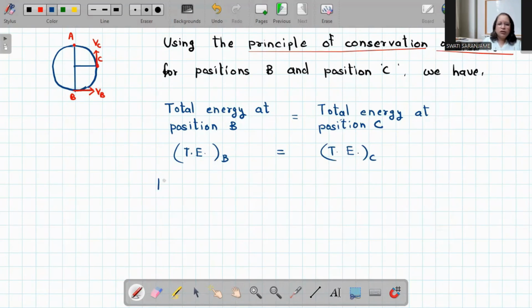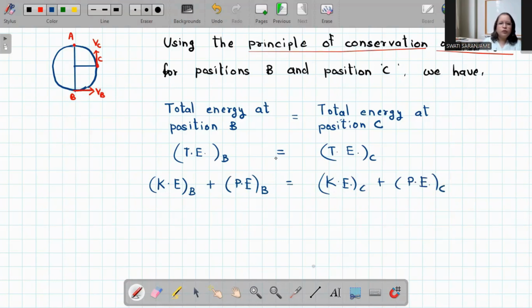Total energy is the sum of kinetic energy and potential energy. So it is KE at B plus PE at B, which is equal to KE at C plus PE at C.